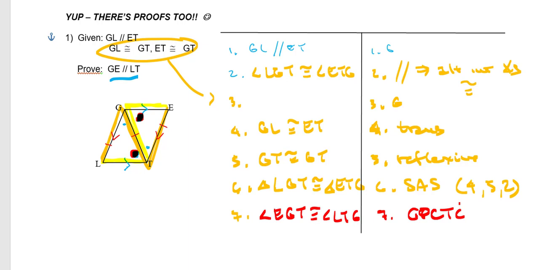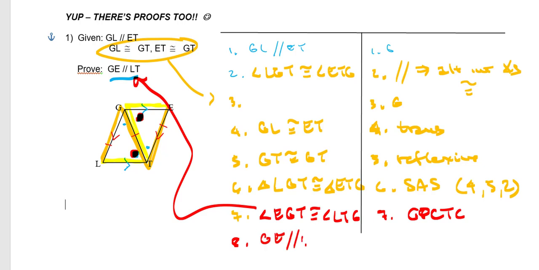And now, because of those angles being the alternate interior angles for those two sides, I can say that those two sides are parallel. GE is parallel to LT because if the alternate interior angles are congruent, then I have parallel lines.